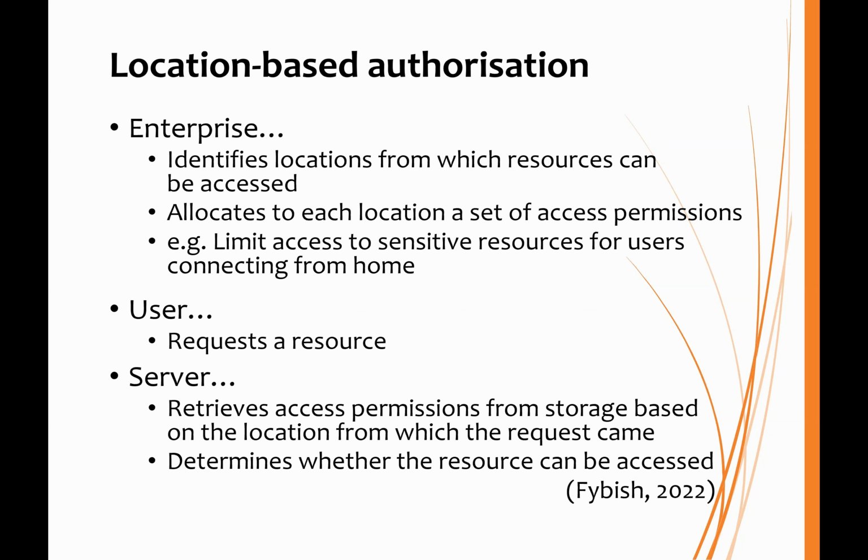With location-based authorization, permissions are granted based upon where the access to the system is taking place. For example, if the access is done from within the premises of that enterprise, then full access could be granted. But if the user is trying to access those same resources from off the premises, access might actually be limited.